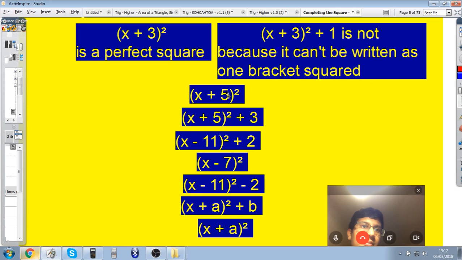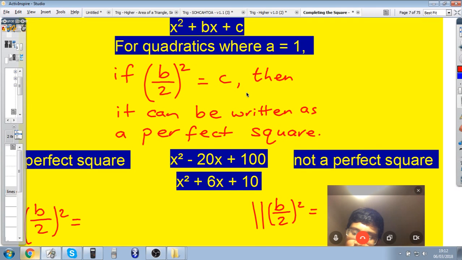Let's see. Yes, so if b over 2 squared is equal to c, then it can be written as a perfect square. For x squared minus 20x plus 100, will that become a perfect square or not? So what would be b over 2 squared for that?